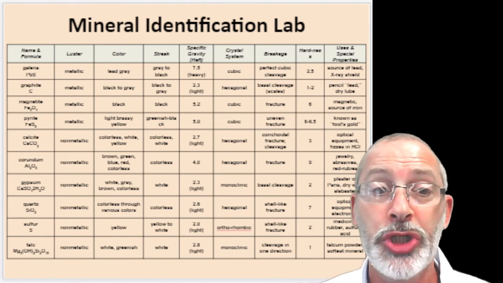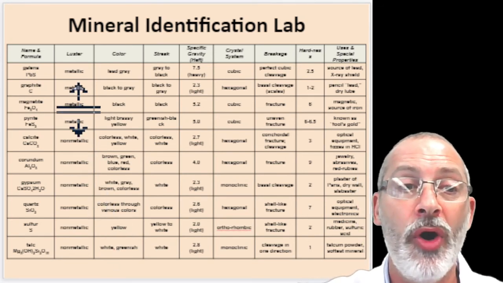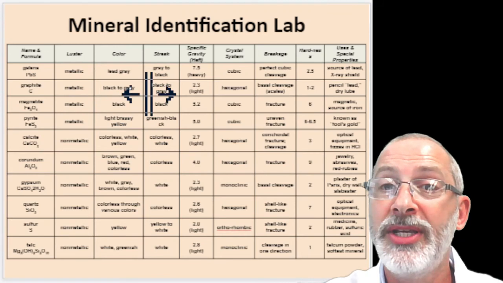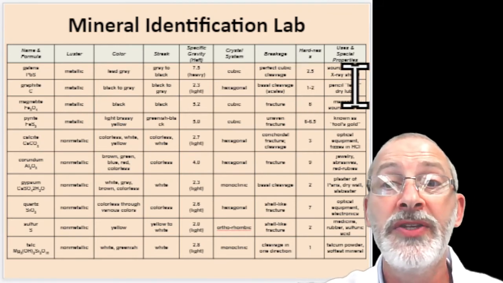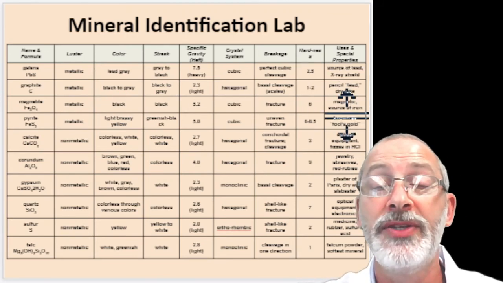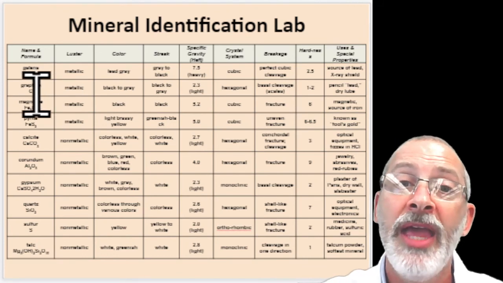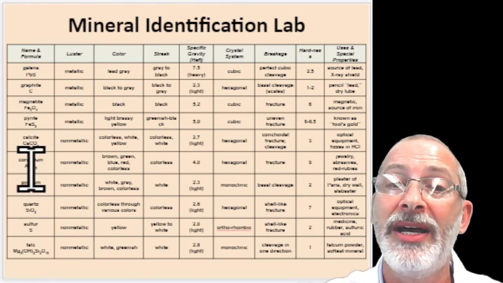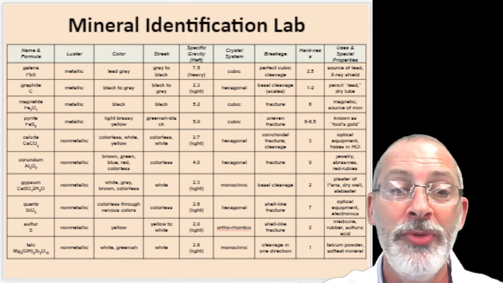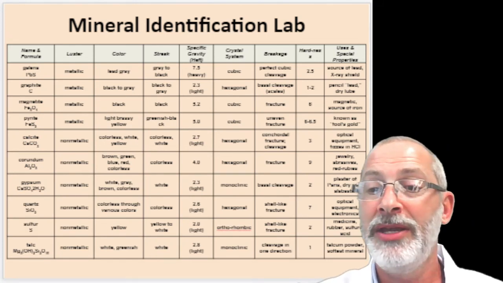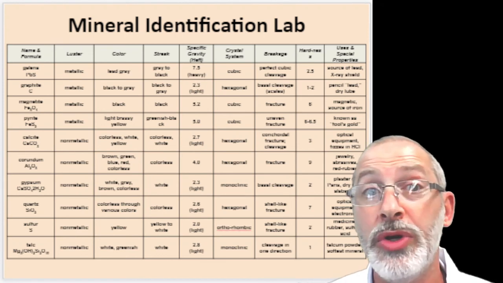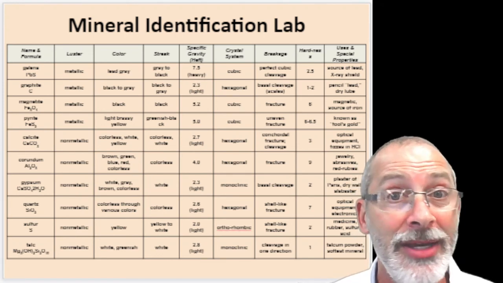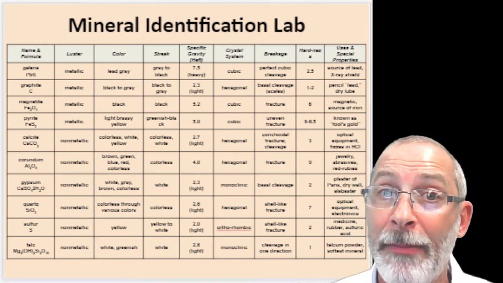I'm giving you a chart in your book with all of the properties of the mineral, including some special properties for you to pay attention to. And in the first column, I'm giving you the identity of that mineral.